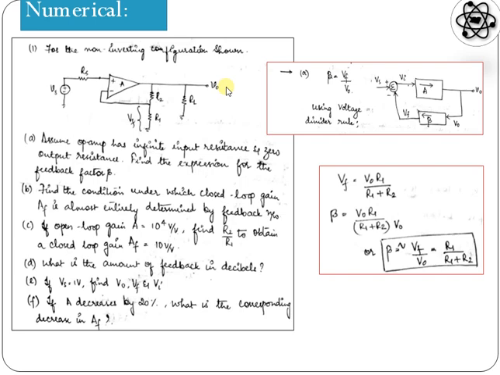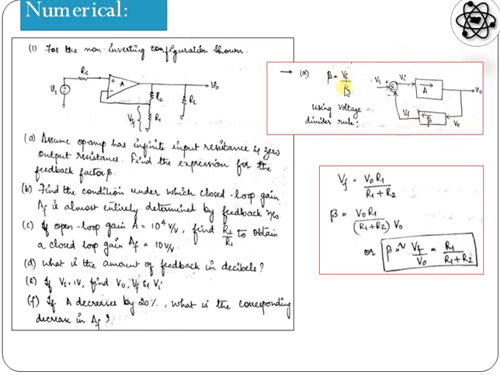In order to solve the first part of the numerical, that is part A, wherein they have asked us to compute the value of the feedback factor, if you consider the general structure, what is required is that we need to know the value of V out and Vf.